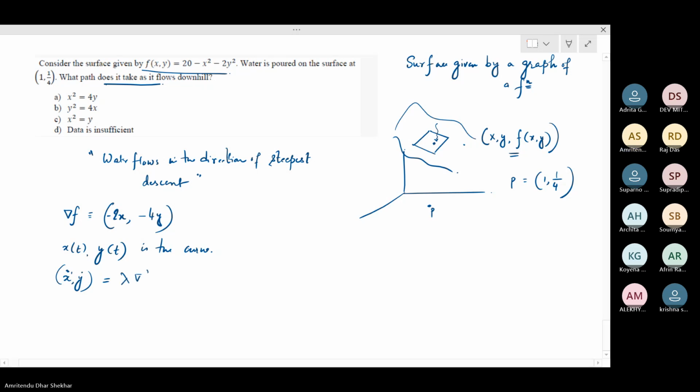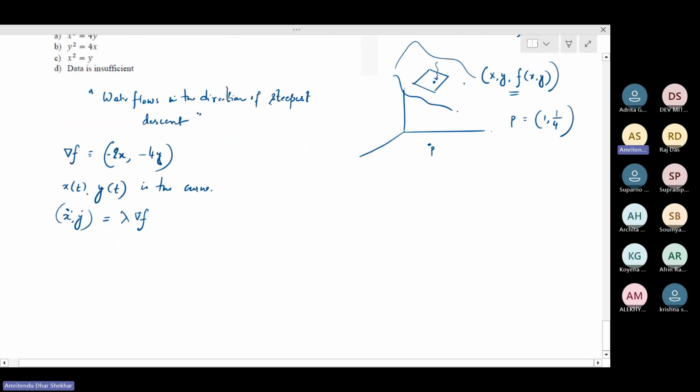It's going to move in the direction of grad of f, but you don't exactly know what this multiple is.